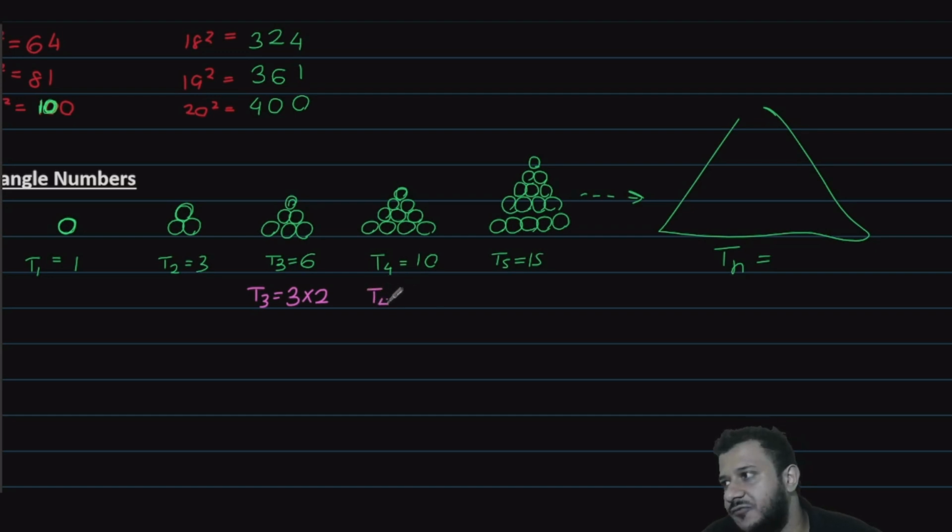Using a 4, is there a way to make a 10? 4 times what is in the 10 timetable? 4 times 5 is related to 10, right?